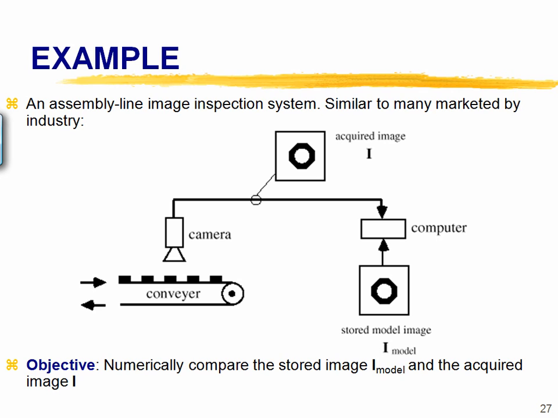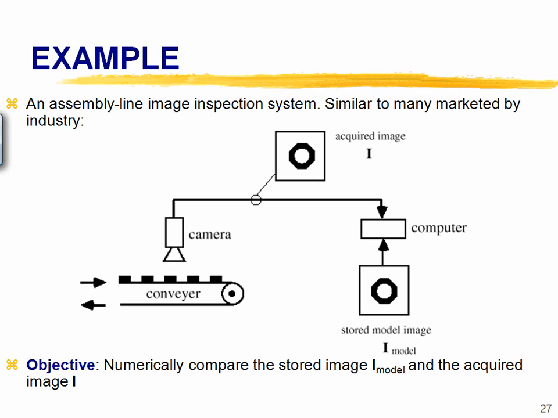If this was the application we were designing, then what you have is essentially a stored model of what that part should look like. You have the camera which is going to acquire an image of every part that's placed on the conveyor belt, and you basically have a processing unit whose job is to figure out how different this acquired image is from the specifications that you have at hand as to what this part should look like.